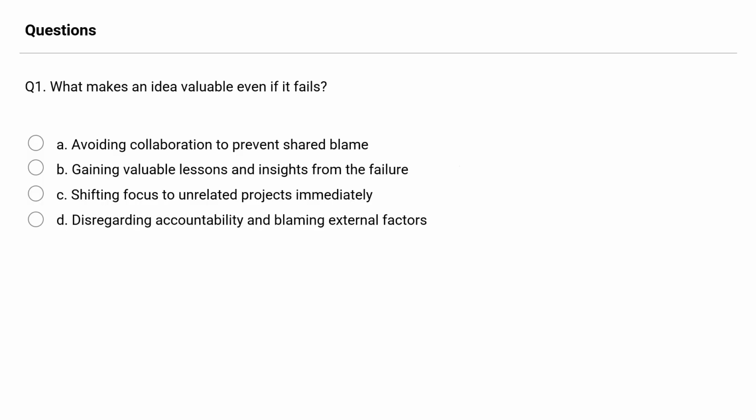Take some time, let me know. It's a very important question. It talks about the value in your idea, even if it fails. So you need to tell us what is it that you learned, even if your idea fails.